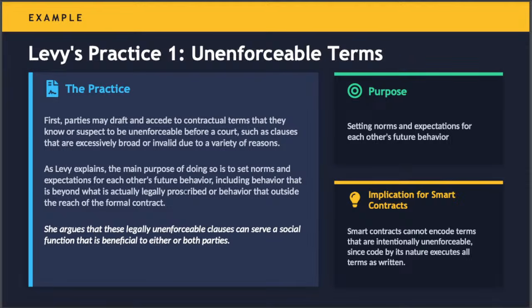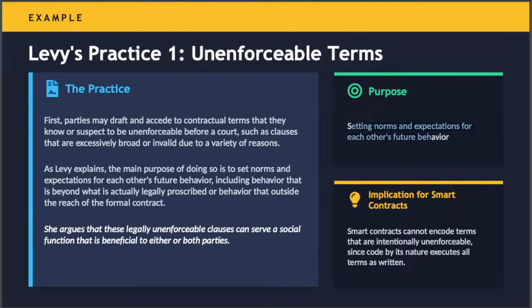Which is interesting because, again, the contracts aren't there to enforce expectations, yet it's doing so to set the norms and expectations. She argues that these legally unenforceable clauses can serve a social function that is beneficial to either or both parties. Wow.